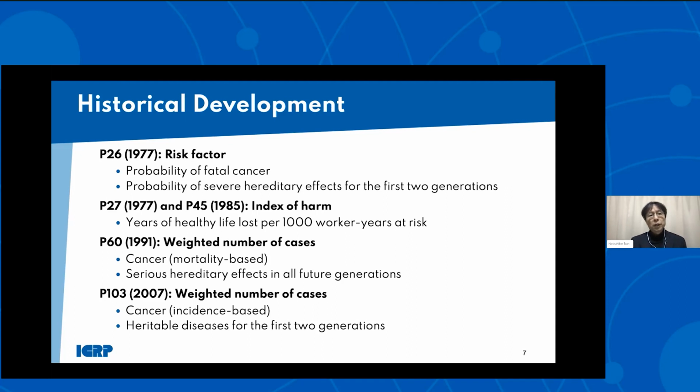Publication 27 was revised in Publication 45, which was published in 1985. In Publication 60, radiation detriment was assessed as the weighted number of cases of cancer and serious hereditary effects in all future generations.